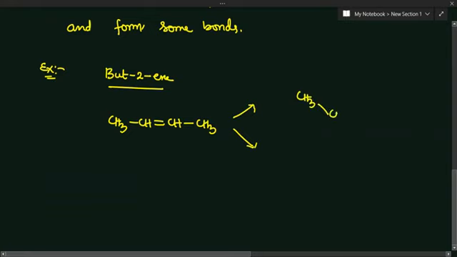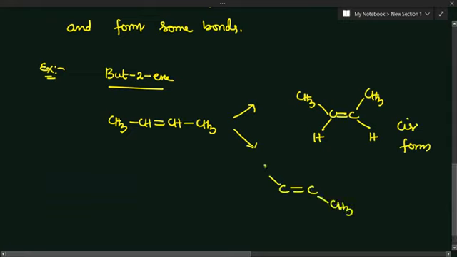First one, where both the methyl groups are on the same side of the double bond, which is called the cis form. And the other one is where both the methyl groups are on the opposite side of the double bond, called the trans form. This is the best example which can easily explain the geometrical isomer.